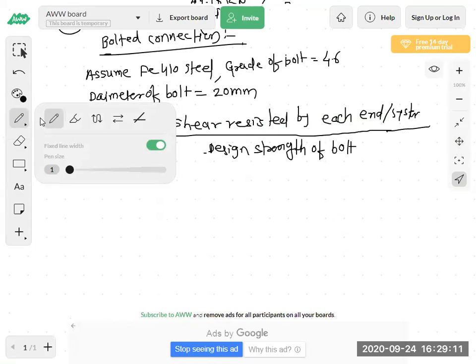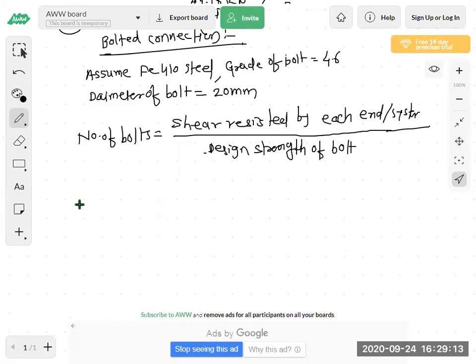Are you getting? So now for that we have to calculate first the design shearing and bearing strength.